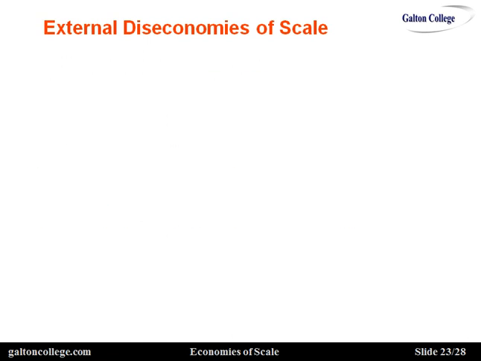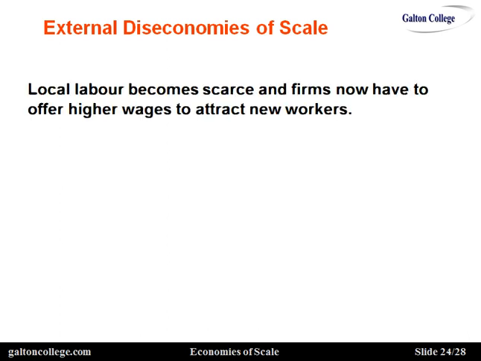There are also external diseconomies of scale. Economies outside, diseconomies outside of the business which may force up the costs of the business. Local labour may become scarce and firms now have to offer higher wages to attract new workers.